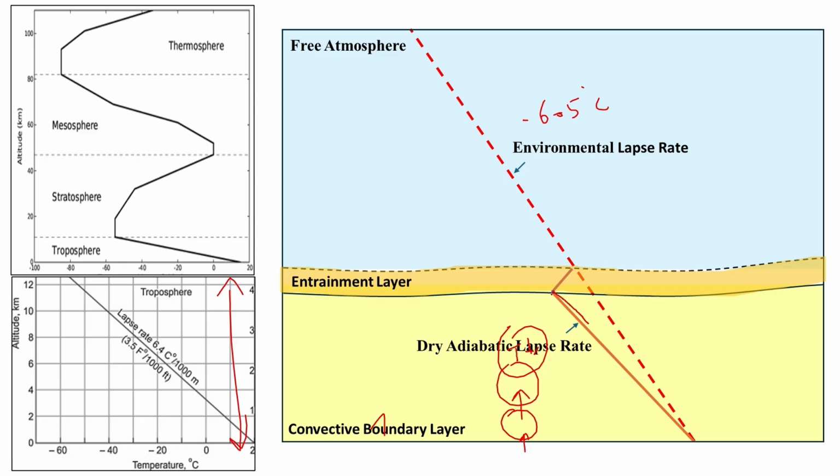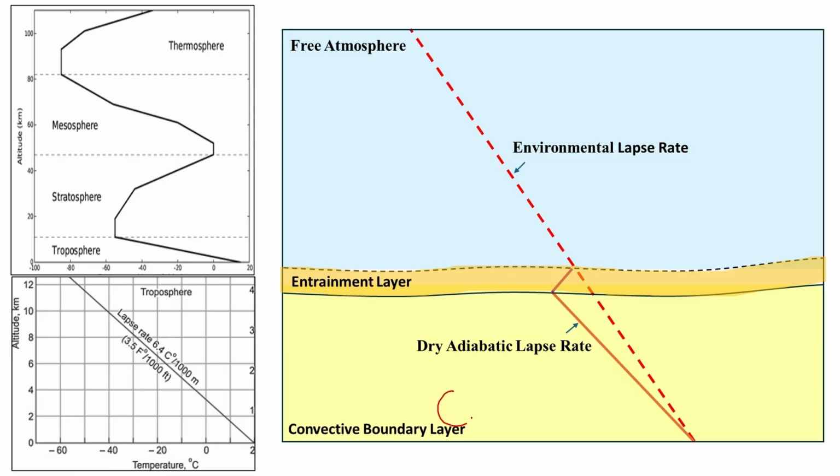At the top of that boundary layer, this is the temperature, but once it goes to the free atmosphere, it has to follow this temperature. Then to balance this temperature difference, there is an entrainment layer which causes mixing between these two layers so that the temperature becomes balanced, equal to the free atmosphere. Then it follows the free atmosphere. And this is for the dry air.